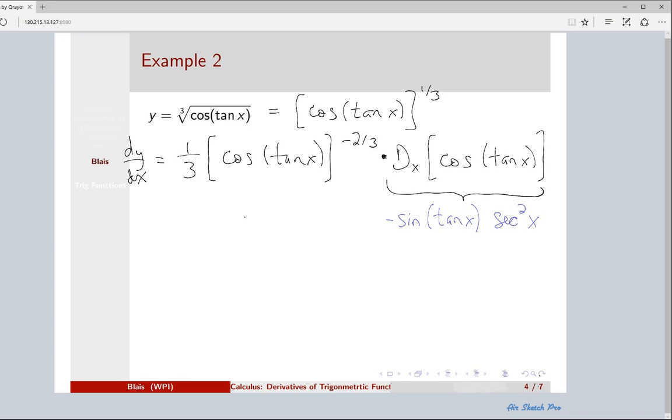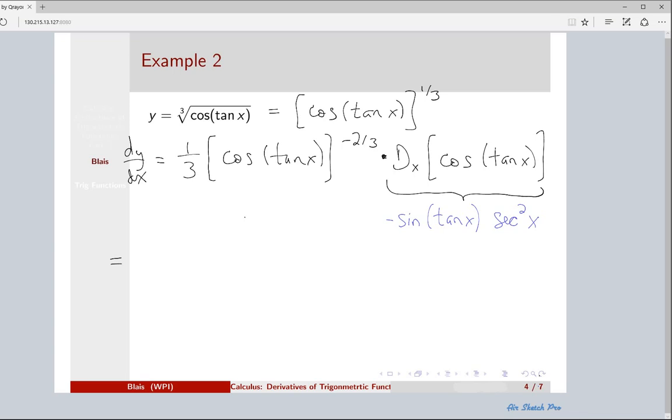So this gives us, if we clean this up a bit, we can bring this term raised to the minus 2/3 to the denominator, where it'll have a positive 2/3 power. And this term in purple will be our numerator.